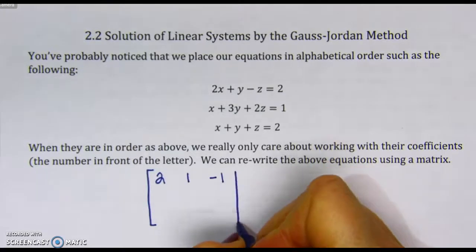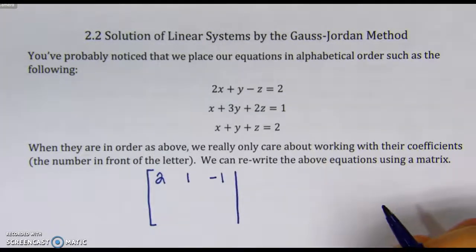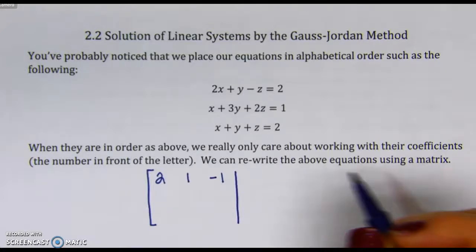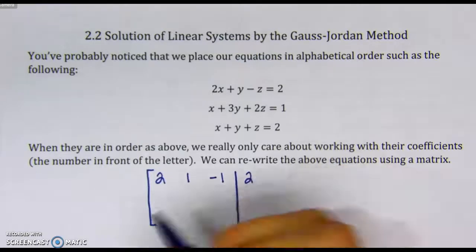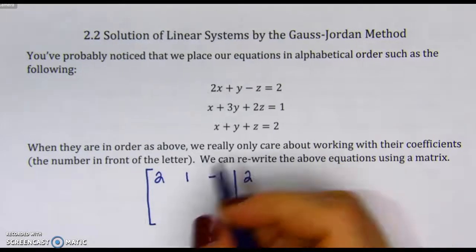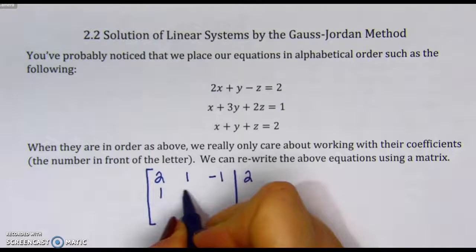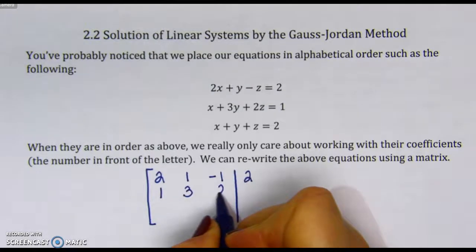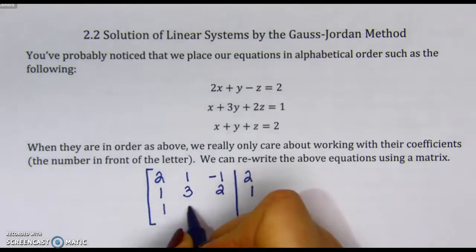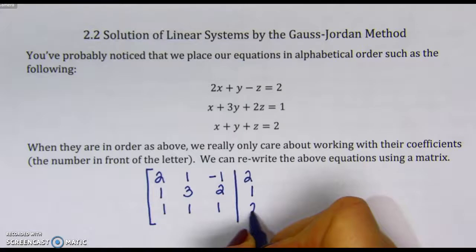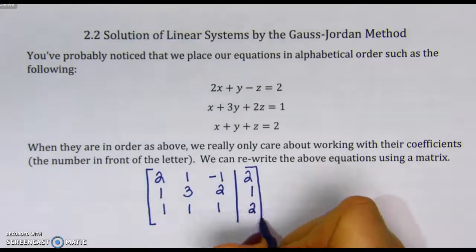It's kind of our separation between our equation piece on the left. This could represent the equal sign, and then 2. My x plus 3y plus 2z, grabbing those coefficients, 1, 3, 2, and 1. X plus y plus z is 2 gives me 1, 1, 1, and 2. And then I'm going to close my matrix.